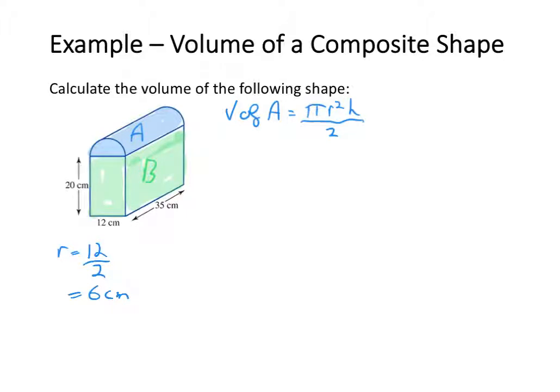And I need to do that because they have given me what would be the diameter of the cylinder and not the radius. So I need to divide the diameter by 2 to calculate the radius. And the height of the semi-cylinder is going to be 35 centimeters. So now that I have those two values, I can substitute them into my formula.